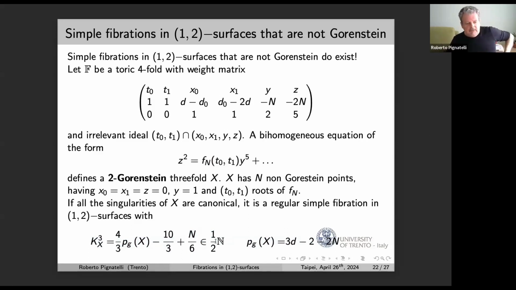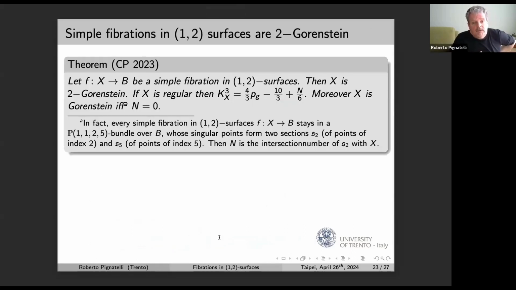And let me insist on the fact that this is a half integral, which may not look clear from these denominators, because we are dealing with something which is 2-Gorenstein. And so now I can reformulate the theorem by me and Stephen, which I formulated in a weaker version before.